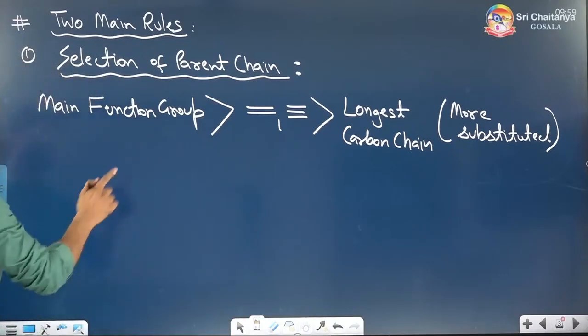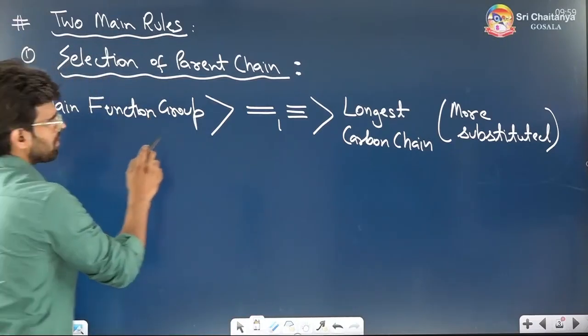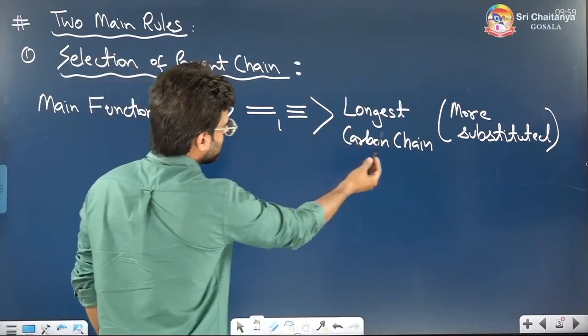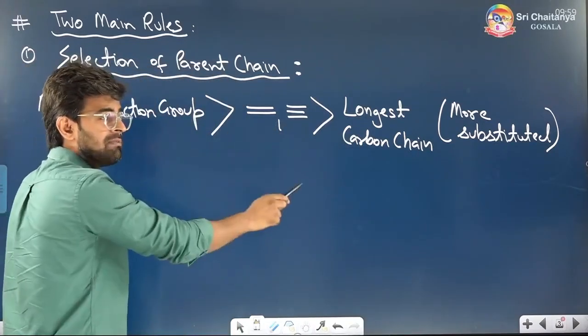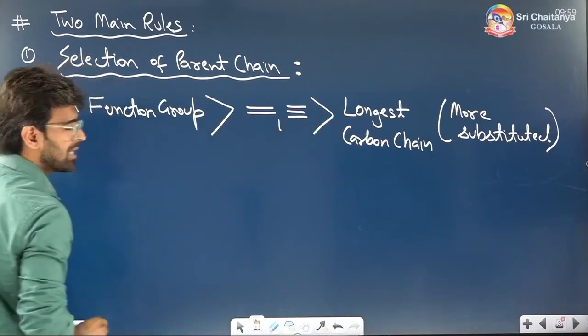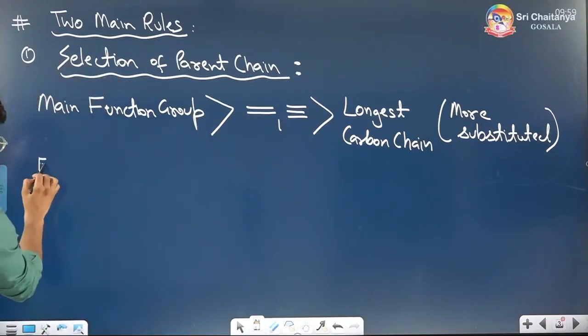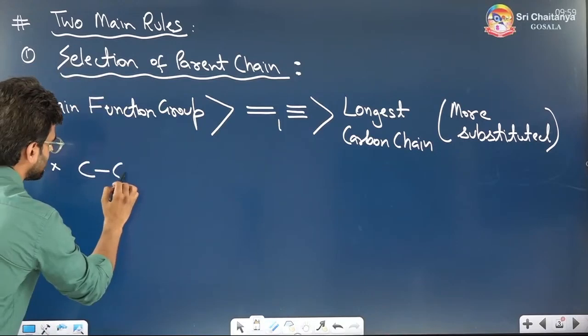Okay, look at this carefully. First of all, I am taking this part only. I am not taking any pi bond in my question. You have to choose the chain which has the longest carbon chain, right?